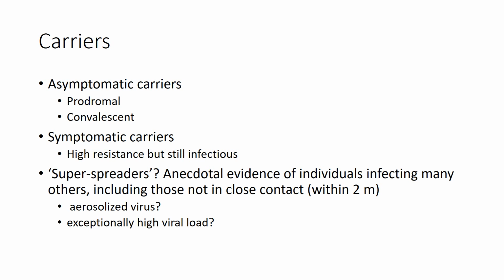So there are two types of asymptomatic carriers. Those people who are infected but haven't yet started manifesting. I mentioned the 5 day period during which people might be infectious, but they might not know that they're going to be sick. And the second one is convalescent carriers, which are people who did have the infection.